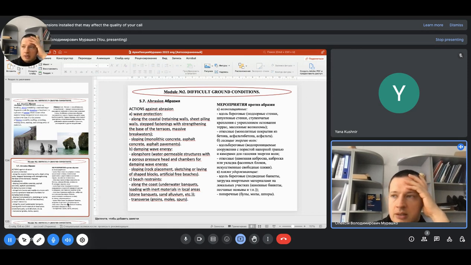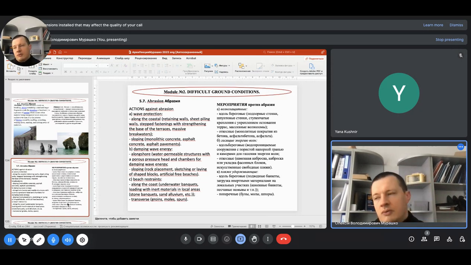So in most cases those parts of our seaside were replaced by waves, and you can see the result. So our goal is to protect our seaside using various structural solutions that can reduce the impact of waves.